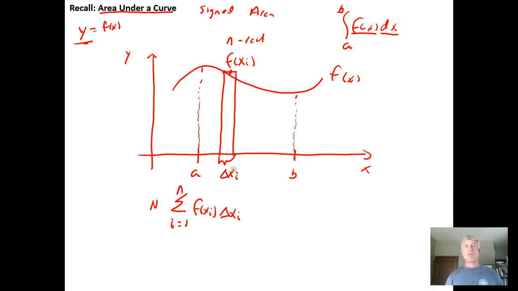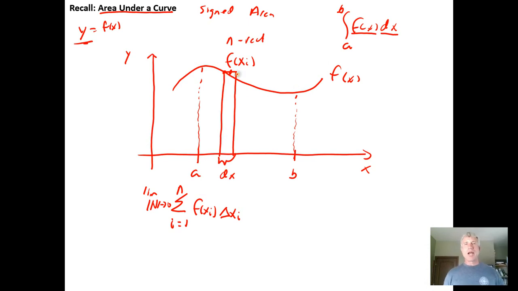And the norm was the width of the widest rectangle that you have, and you take the limit as the size of that norm goes to 0. So you let these delta x of i's become dx's. And then we get the exact area under the curve, because this is infinitely thin. And when it's infinitely thin, the rectangle fits the curve exactly.